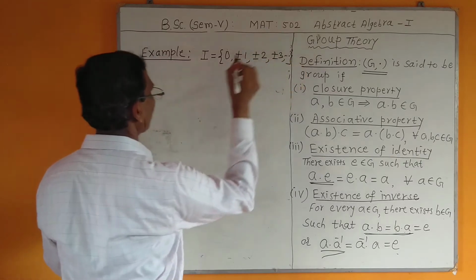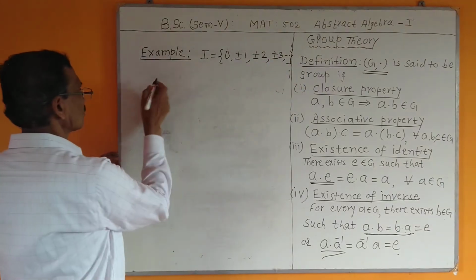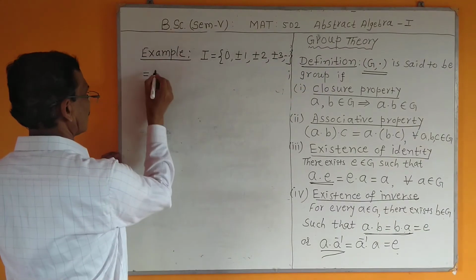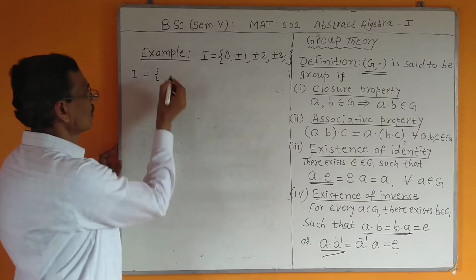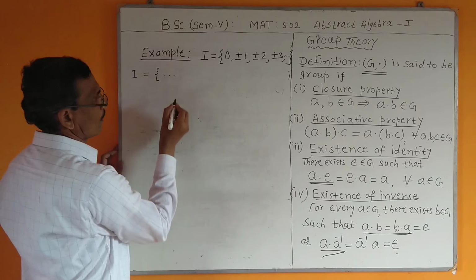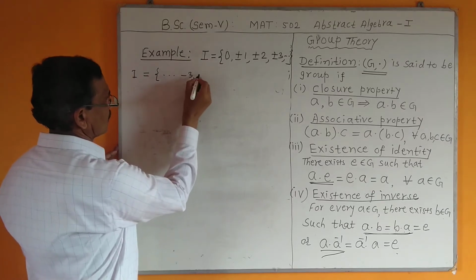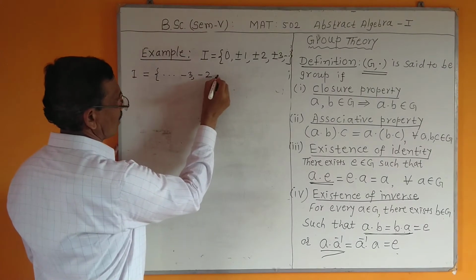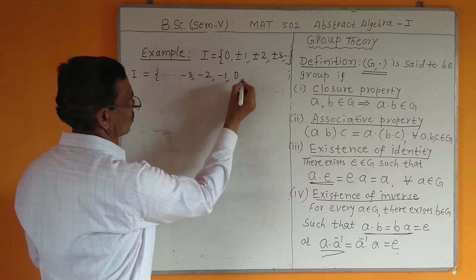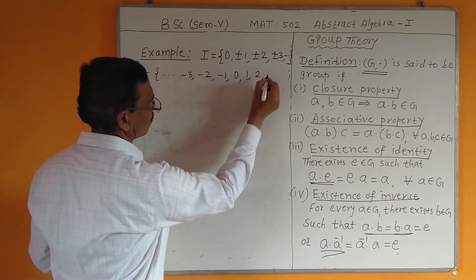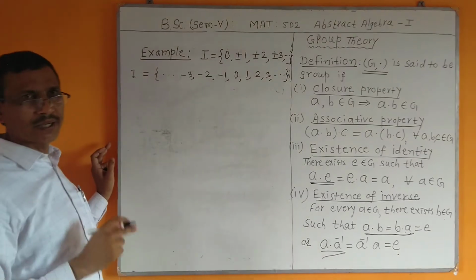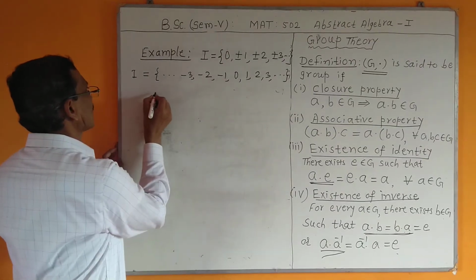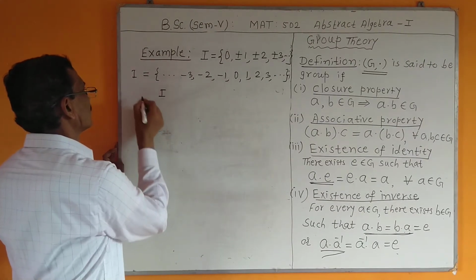We know that it is an infinite set. It can also be written as I equals ..., -3, -2, -1, 0, 1, 2, 3 and so on. Consider the set of integers and plus as a binary operation.